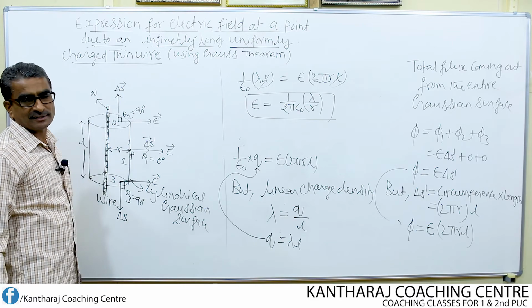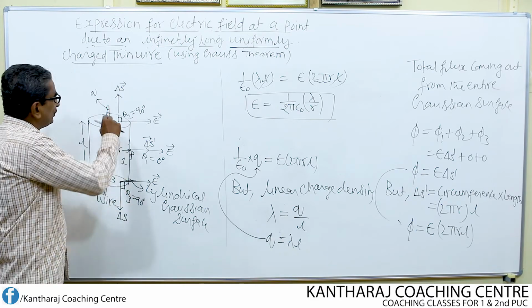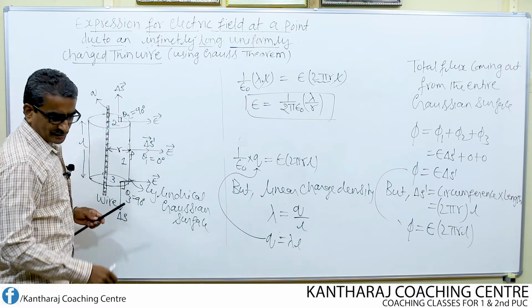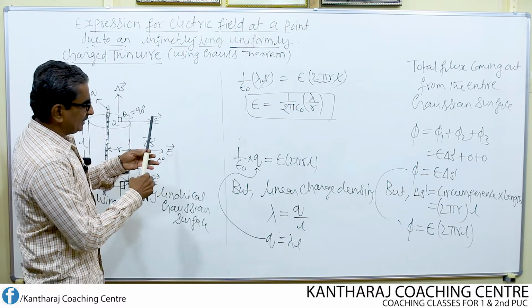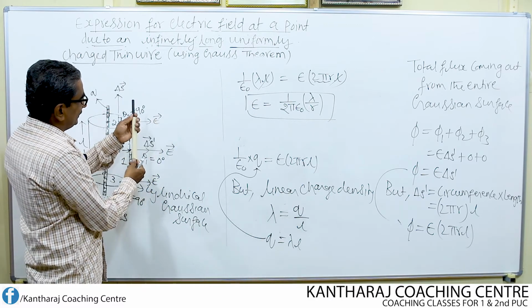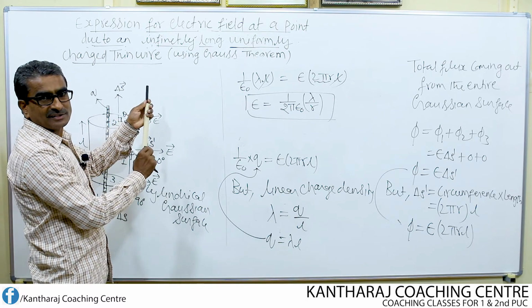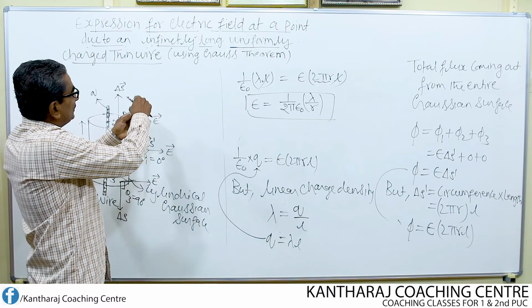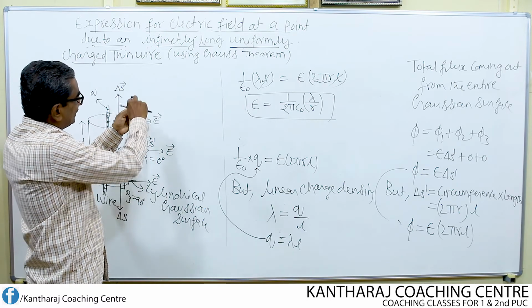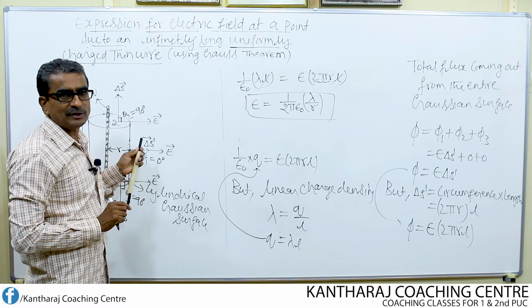Okay. So this is the expression for the electric field at a point due to an infinitely long charged conductor. Remember, we do not consider this portion. Suppose this is the Gaussian surface; the charge with respect to this additional length, both at the top and at the bottom, we are not going to consider.